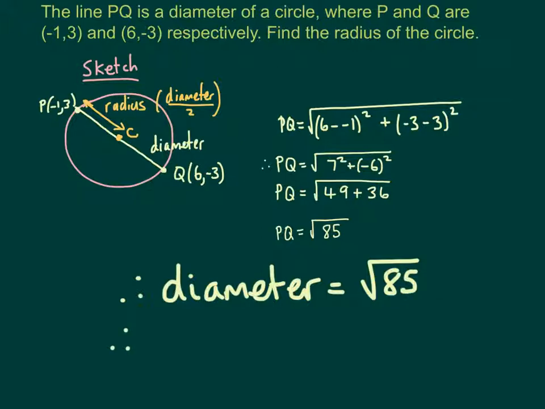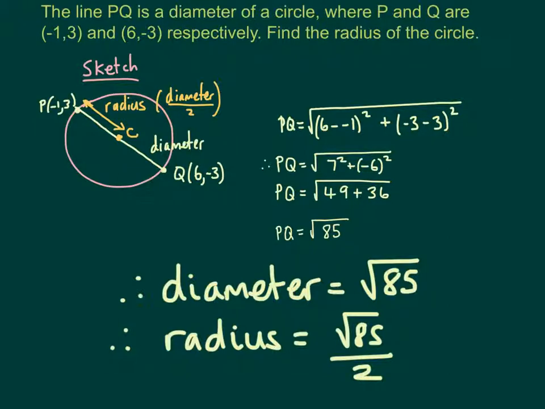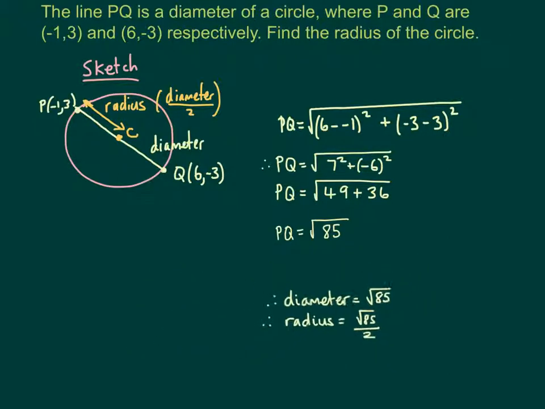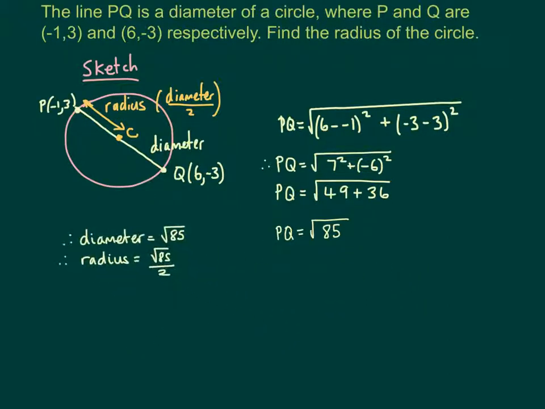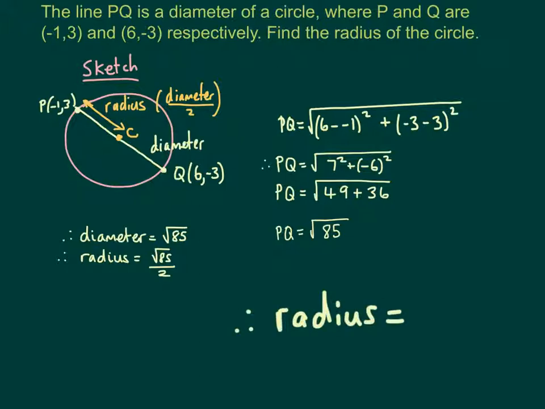There's no point working that out as it's just going to give us a long decimal number. So on our calculator, we can work out the radius is equal to the square root of 85 divided by 2, which is half the diameter. If you get a calculator up, work that out and round it to 3 significant figures, or whatever the question asks you to in the exam.